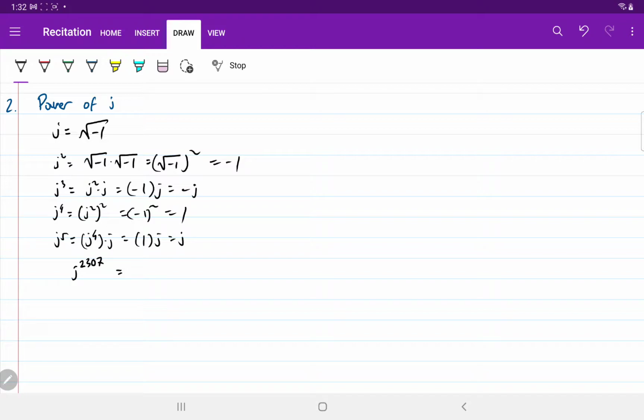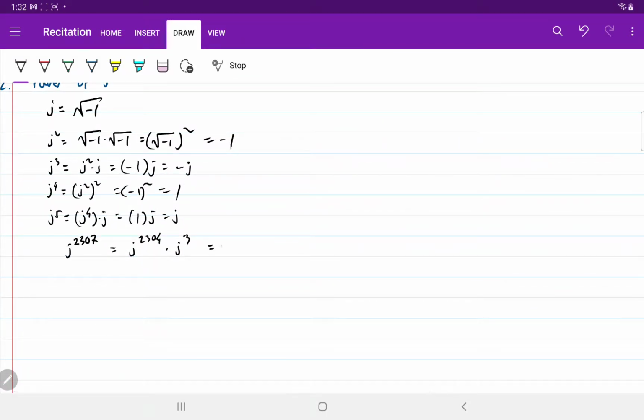You can write this as j to the power of 2304 times j cubed, because 2304 is divisible by 4 and the remainder is 7 minus 4, which is 3.